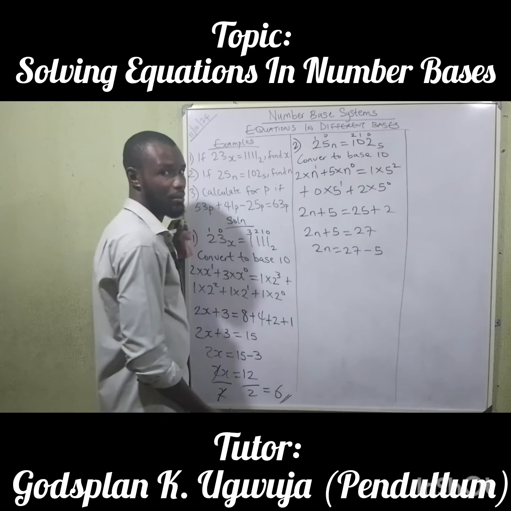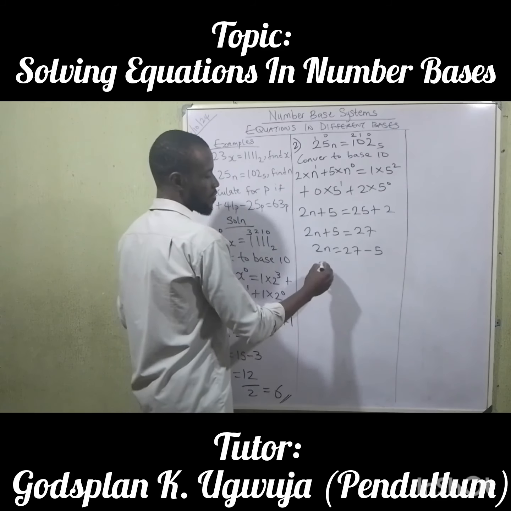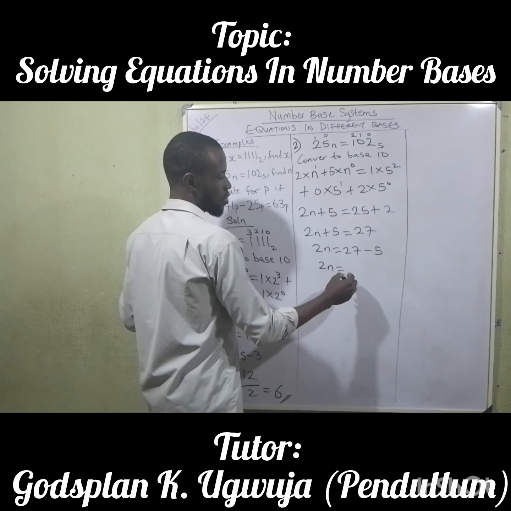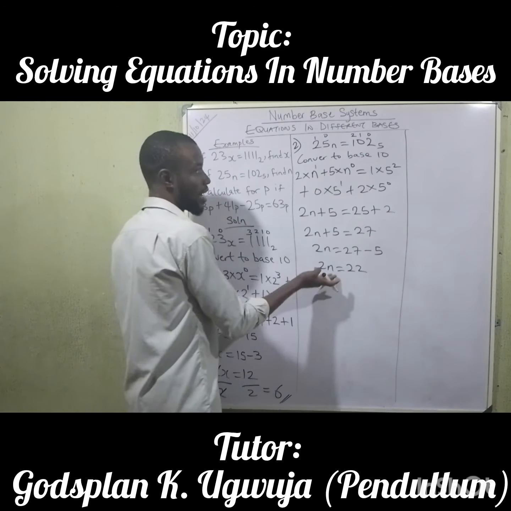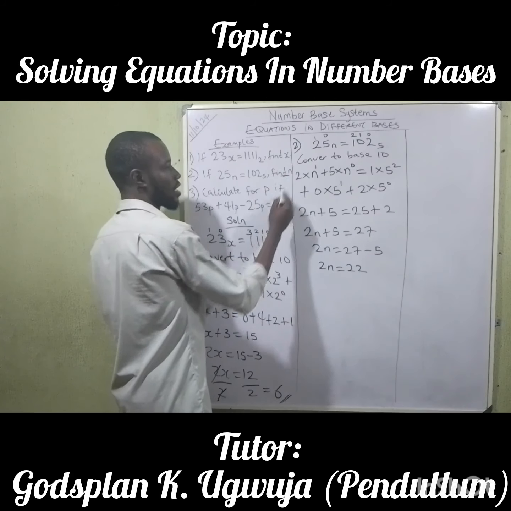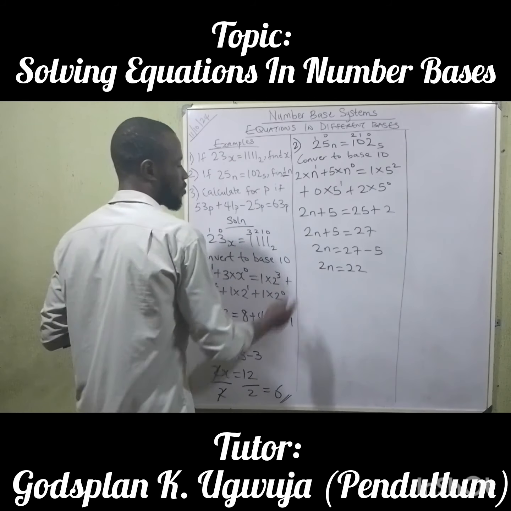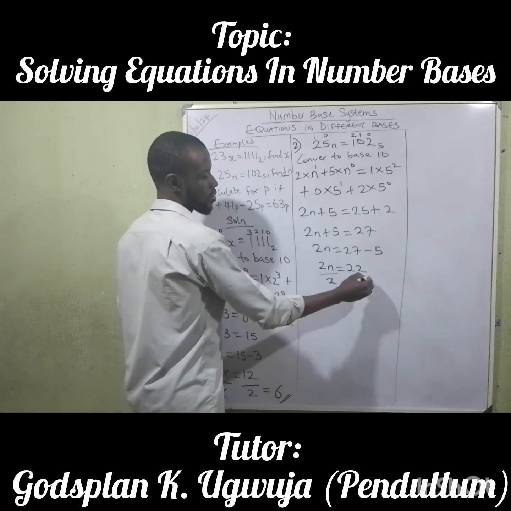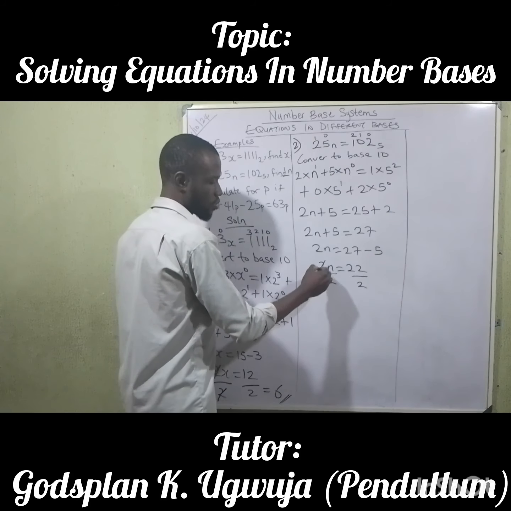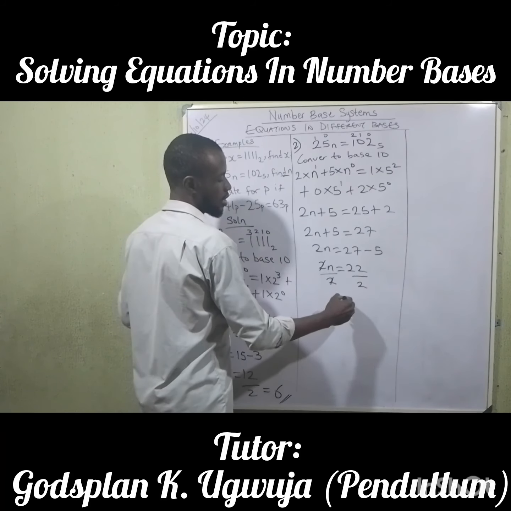This is very elementary mathematics. So I have that 2n is equal to 22. Now I want to get n. We're asked to find n, not 2n. So we need to remove this 2. How do we remove it? We divide here by the 2, divide here by 2. So that 2 can cancel 2, leaving you with only n.